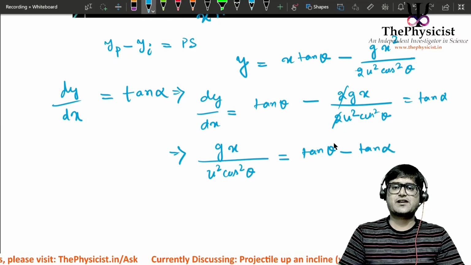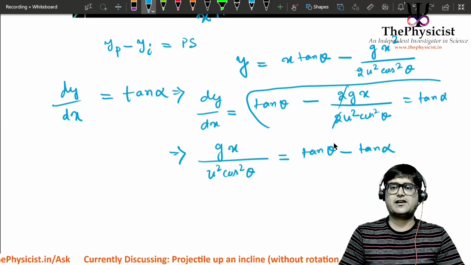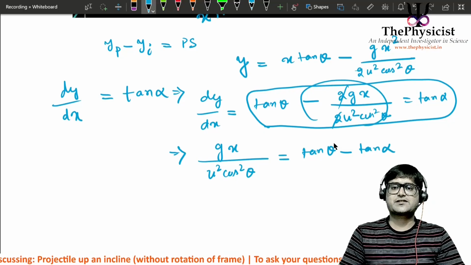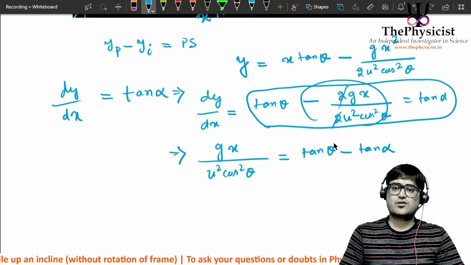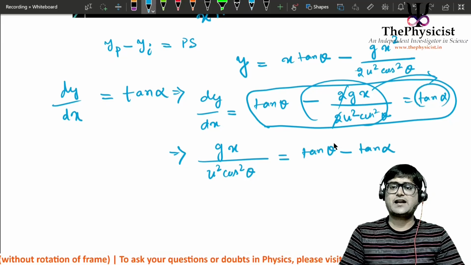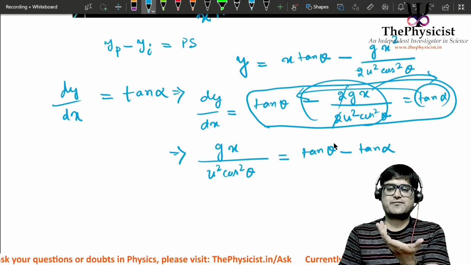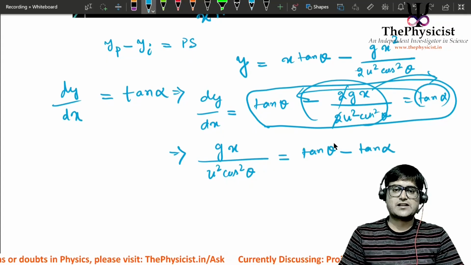Basically, I'm focusing on this part in this particular step. What I did was take the minus term to the right hand side, and tan alpha to the left hand side, and then finally flipped it left to right. So that's what I got.